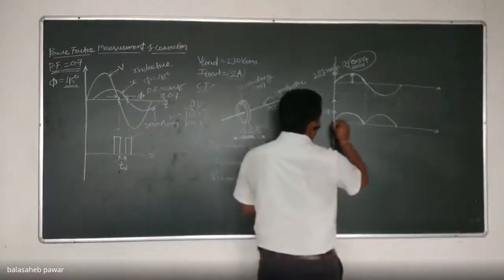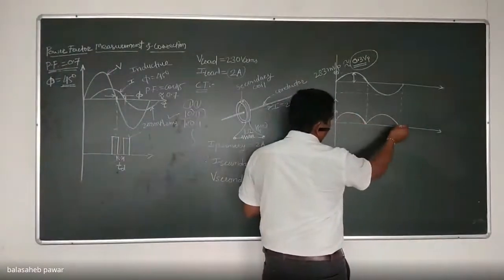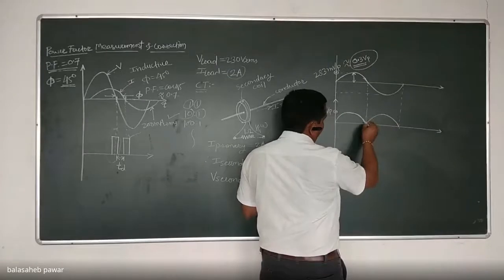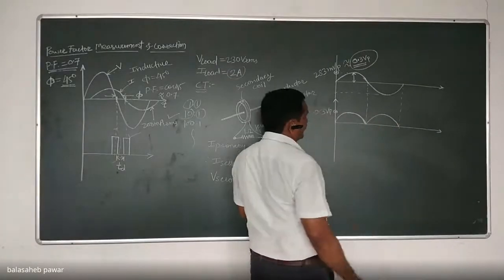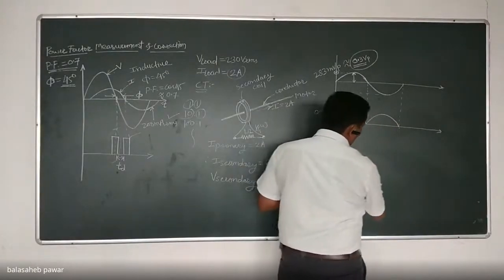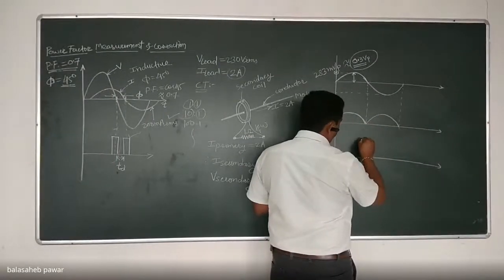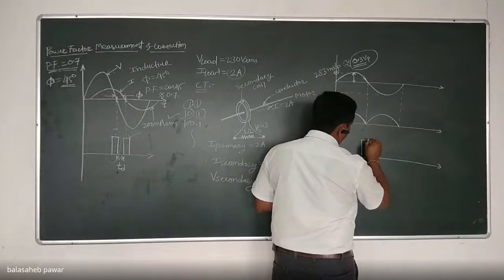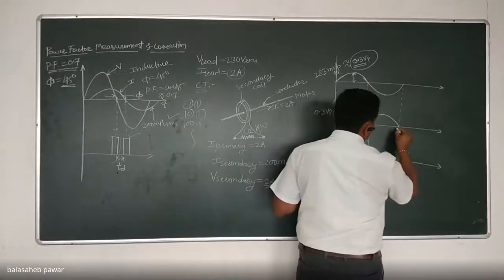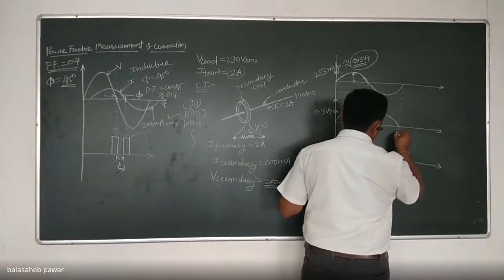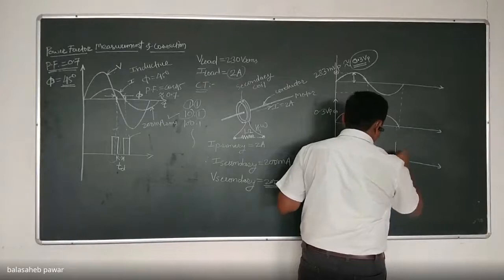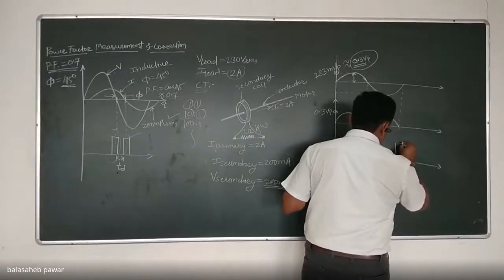Now, after rectification by using the precision rectifier, again we have to generate the pulse at zero crossing. That means that pulse should get generated over here. Again of the same width as yesterday, I think it was 1 millisecond.